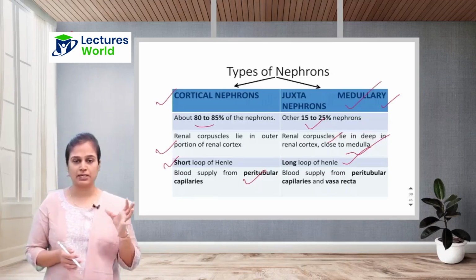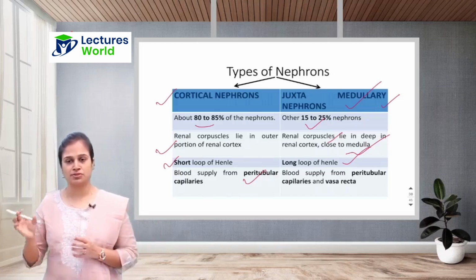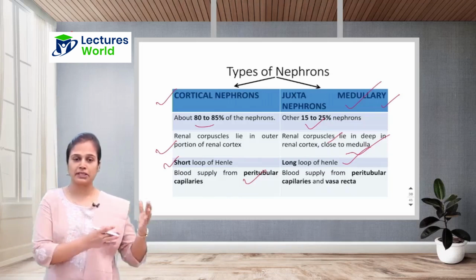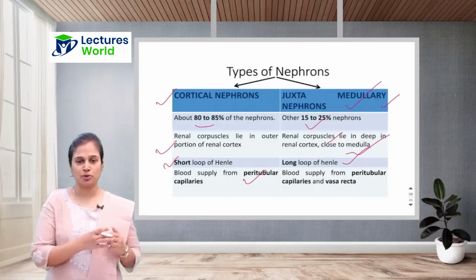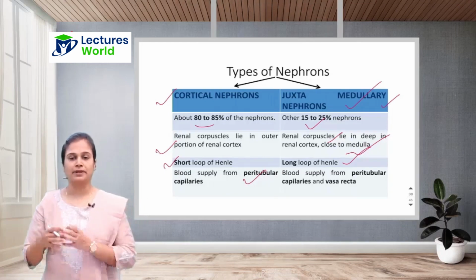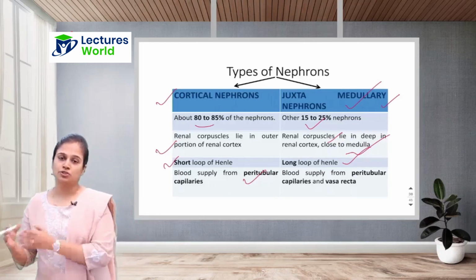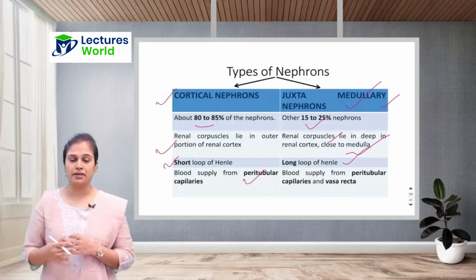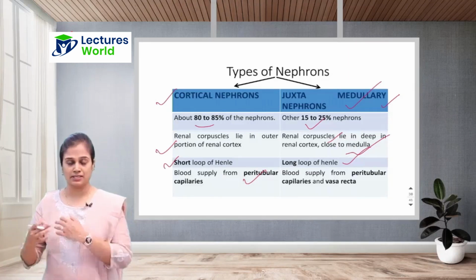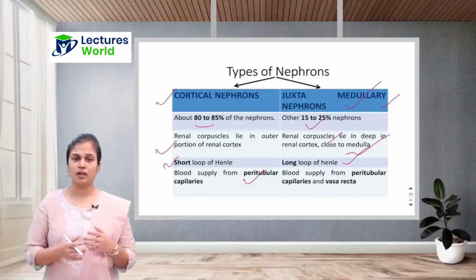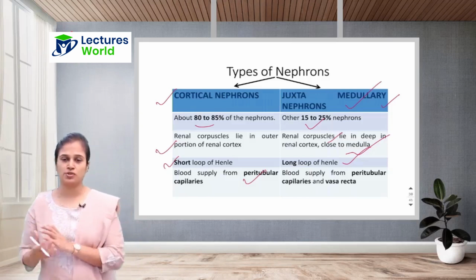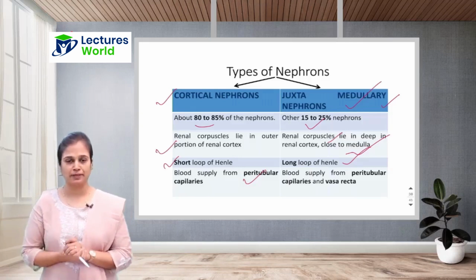So, cortical nephrons are 80 to 85%, whereas juxtamedullary nephrons are 15 to 25%. Cortical nephrons lie in the outer portion of the renal cortex, whereas the juxtamedullary renal corpuscle lies deep in the renal cortex, close to the medulla. Cortical nephrons have a short loop of Henle, whereas juxtamedullary nephrons have a long loop of Henle.